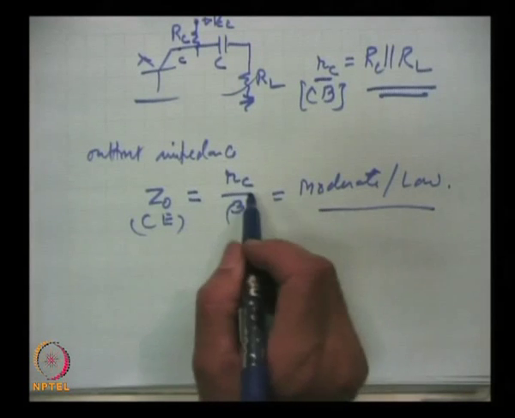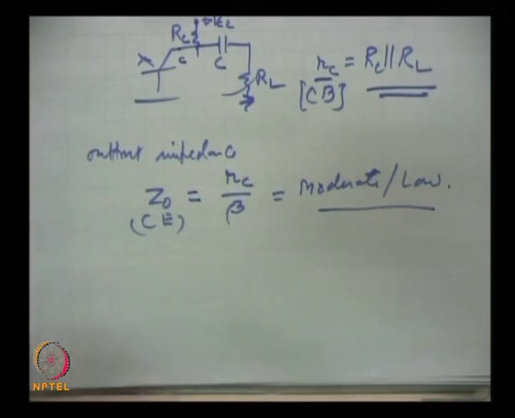Hence the common emitter amplifier gives us a good performance. And I tell you that when we make systems, a single stage is normally not sufficient and multi-stage amplifiers are used, which we will be talking about in the next unit.